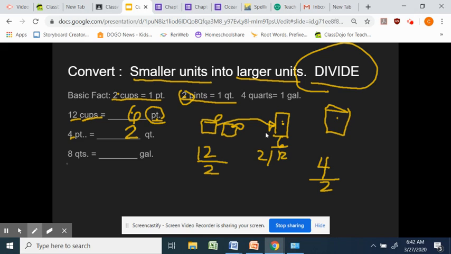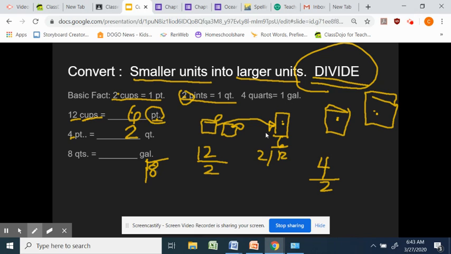All right, so now I'm asked to convert from a quart to a gallon. Now you know that quart into gallon is a smaller unit of capacity to a larger unit of capacity, so I'm going to divide. I know my basic fact, 4 quarts is equivalent to 1 gallon.